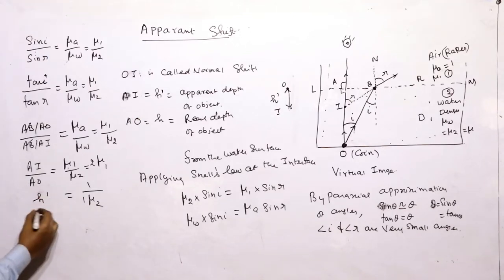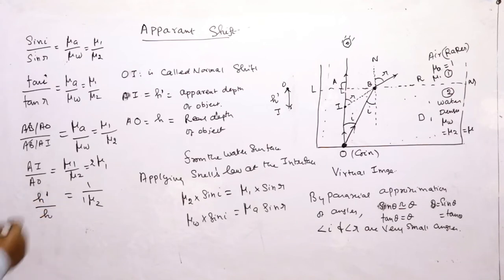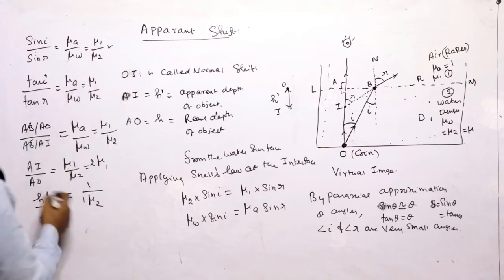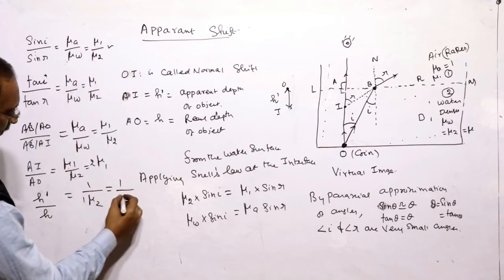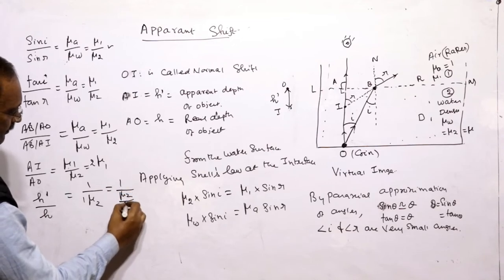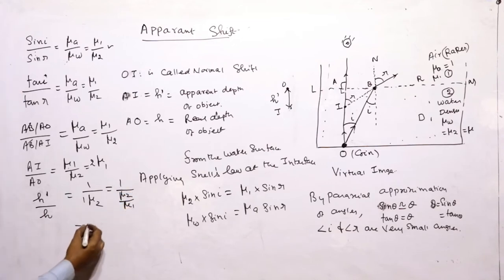The apparent depth is given by H dash and the real depth by H. So with this help, we can write mu12 as 1 by mu2 by mu1, which is equal to 1 by mu2.